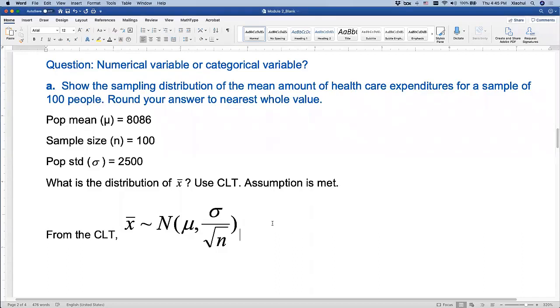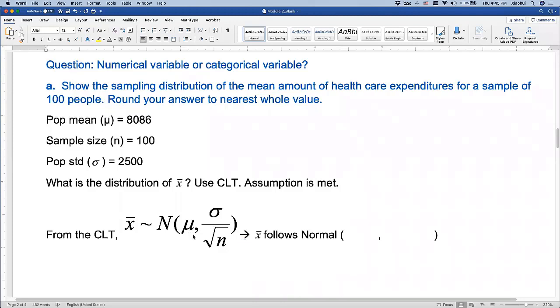From this, what I know is X bar. I'm going to write it down here. Remember, X bar is the sample mean. X bar is going to follow a normal distribution. Remember, a normal distribution has two numbers: we need a mean and a standard deviation.